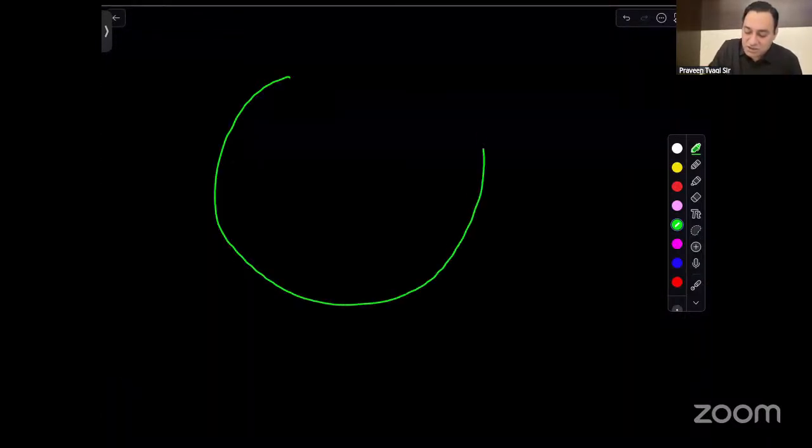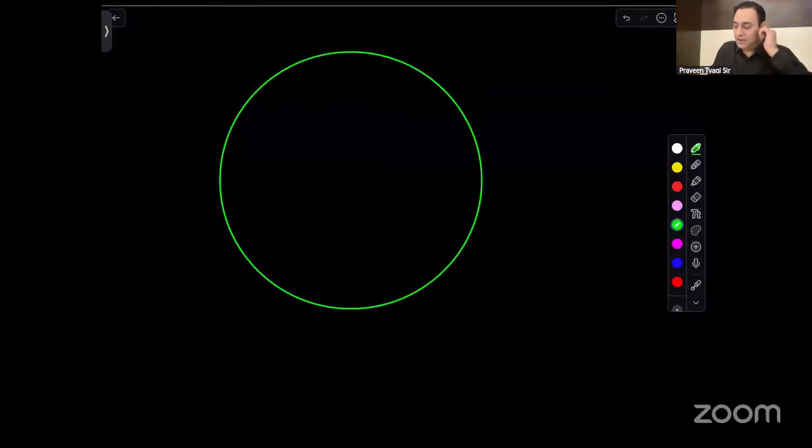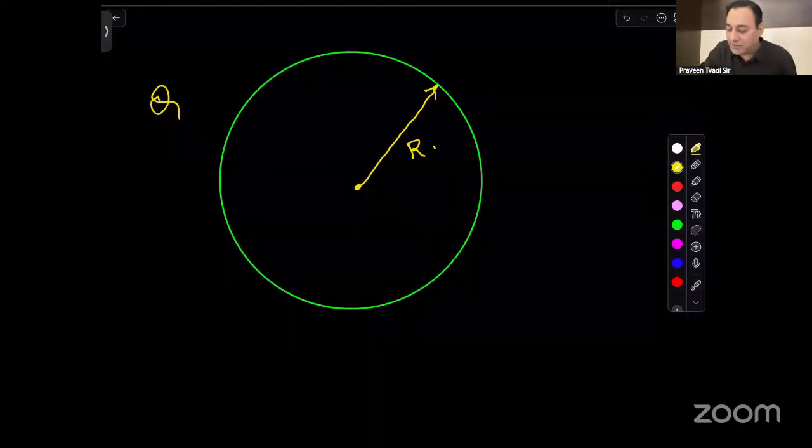Now, coming to a spherical shell. If it is given a charge Q, and its radius is say r, how do you find the electric field or potential at a point P1, which is outside the shell? There are three regions.